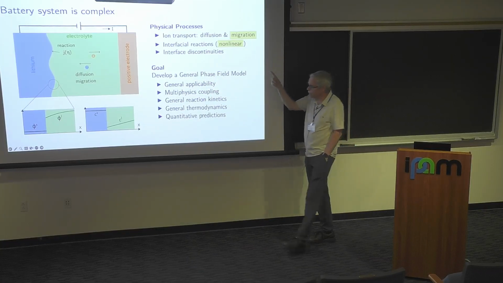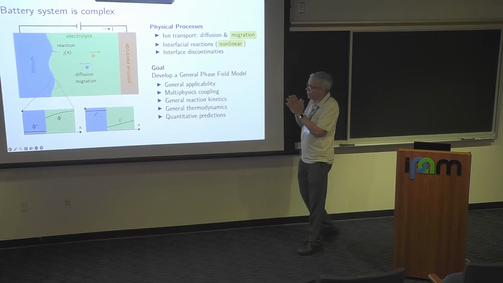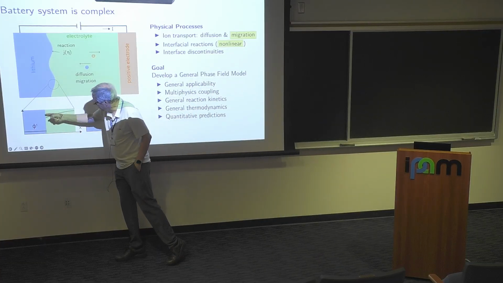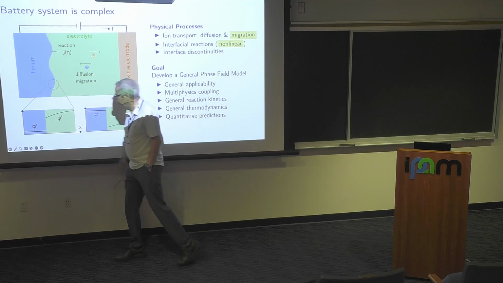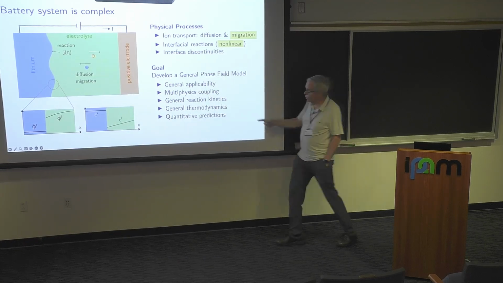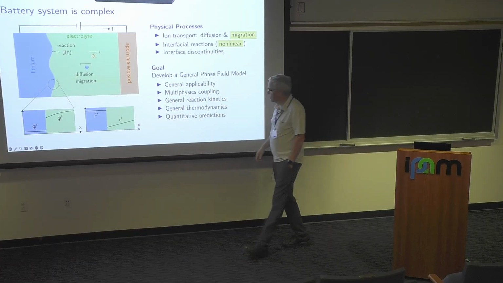And there are interfacial discontinuities. The whole problem of the double layer in this case has been squashed to a thin interface, where there's a jump between the potentials of the solid and the liquid associated with the double layer. And of course, the concentration of lithium jumps at the interface between the lithium and the electrolyte.